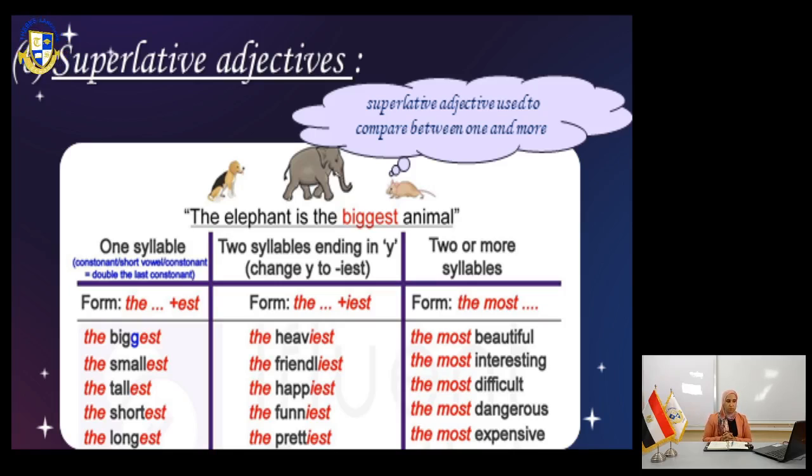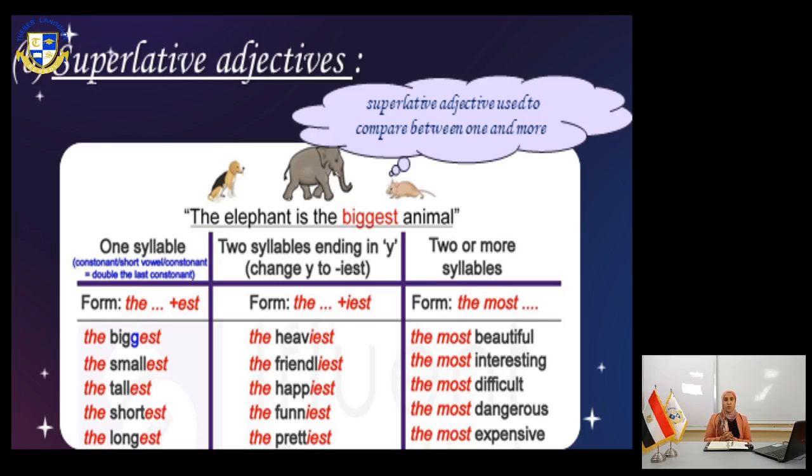I have one syllable adjectives, two syllable adjectives, and two or more syllable adjectives. Here the example, I'm going to say the elephant is the biggest animal. I have three pictures, the dog, the elephant, and the mouse. Which one is the biggest animal between them? The elephant. So the elephant is the biggest animal between the three of them. One syllable: I'm going to write the word the plus est at the end of the adjective.